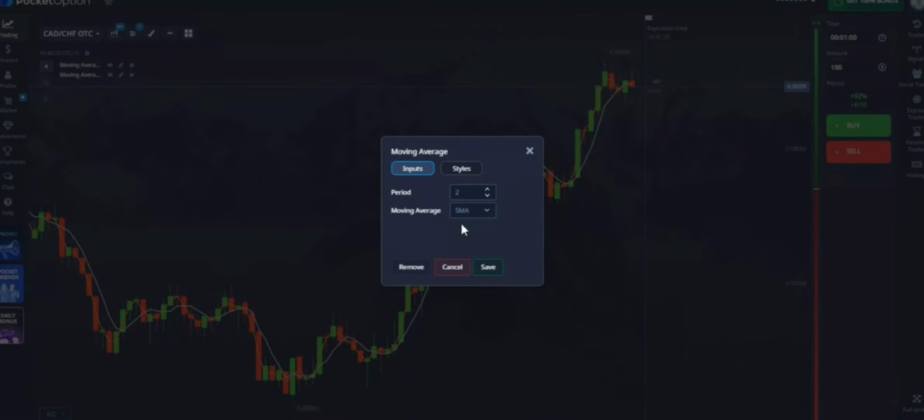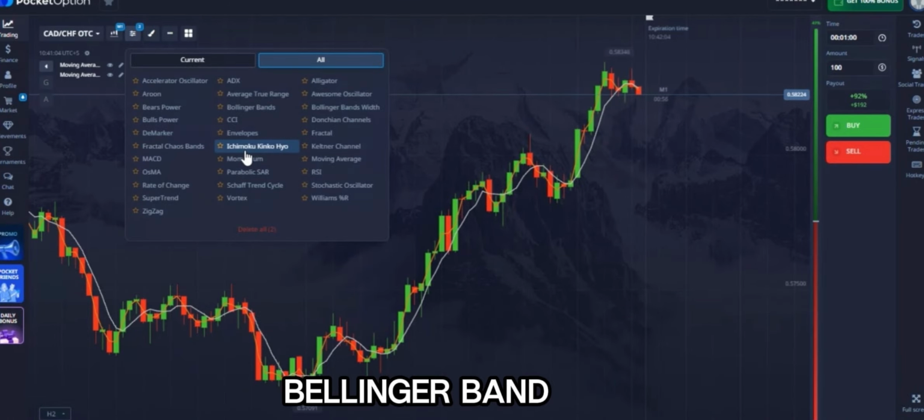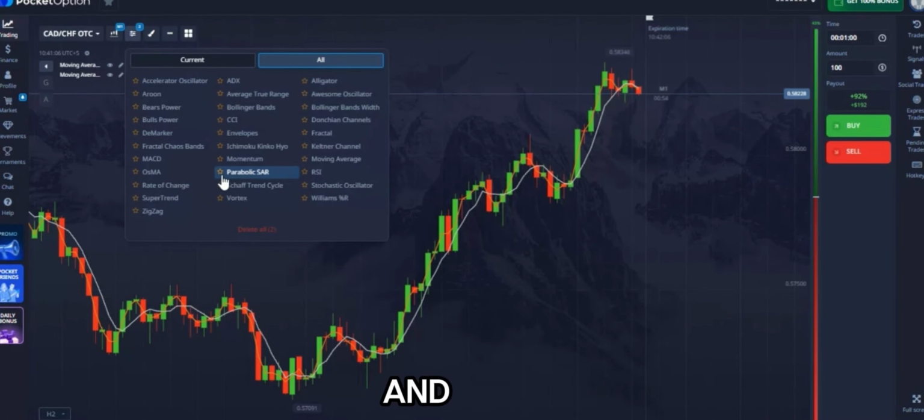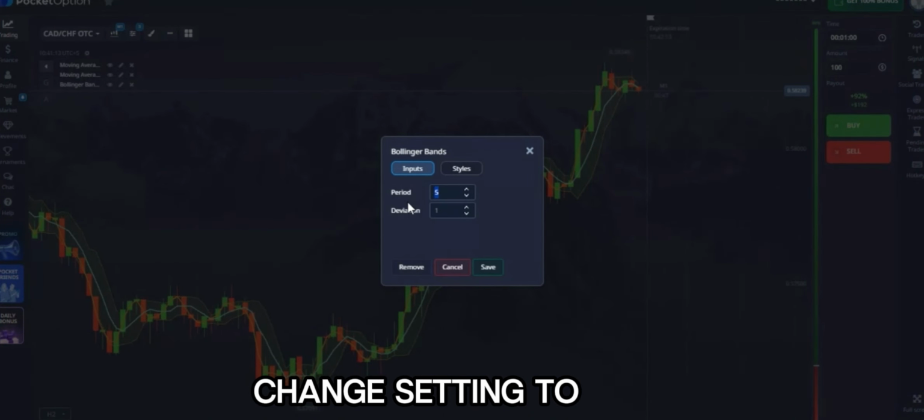Now we'll add Bollinger Band, where we will change the setting to 20 and 2.